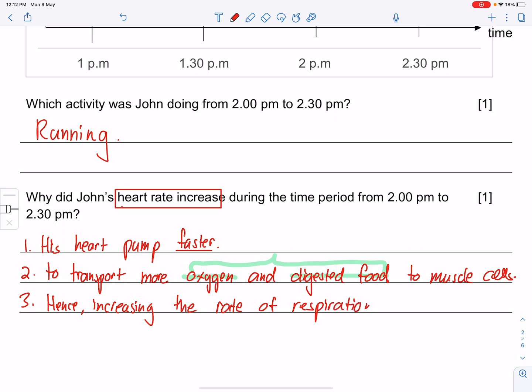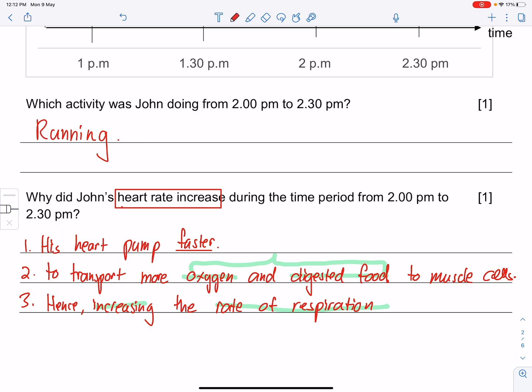I must see that there is this keyword increasing and rate of respiration, because whether you are running or you are not running, you basically would still need to respire. Doesn't mean that you're sitting down means that you don't need energy, right? That's not true. So because of that, you have to say the word increase, right? That is the difference. It's not have and don't have. It's one is faster than the other scenario.